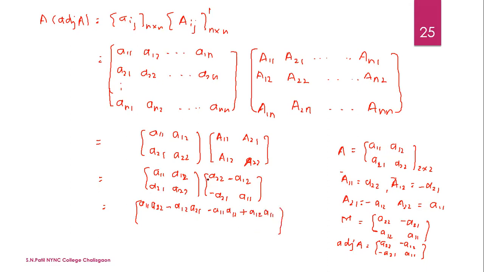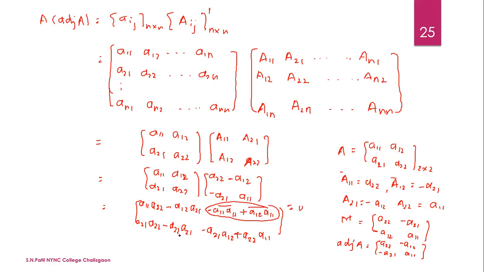The second row multiplied by the first column: A21 into A22 minus A22 into A21. The second row multiplied by the second column: minus A21 into A12 plus A22 into A11. Now see, these are the same terms, so they get cancelled, and we get this value as 0.